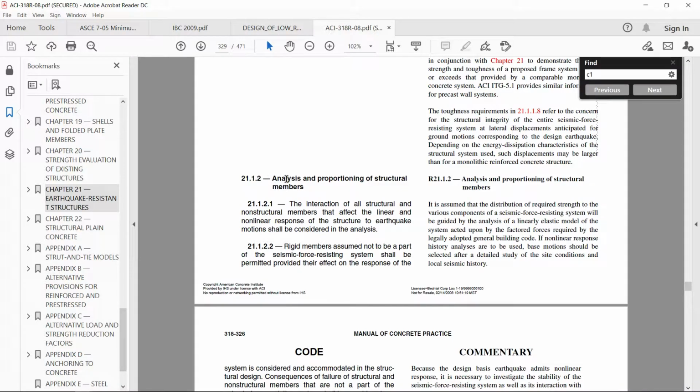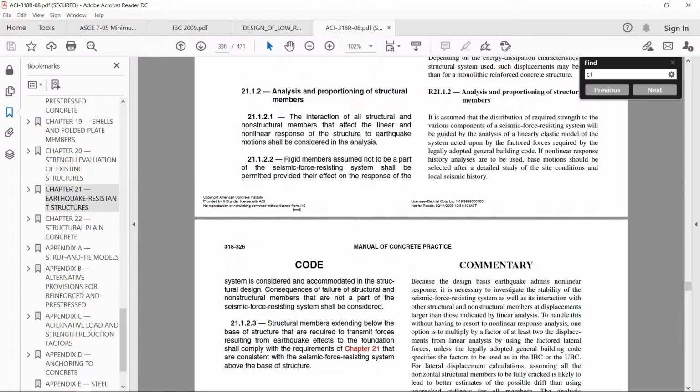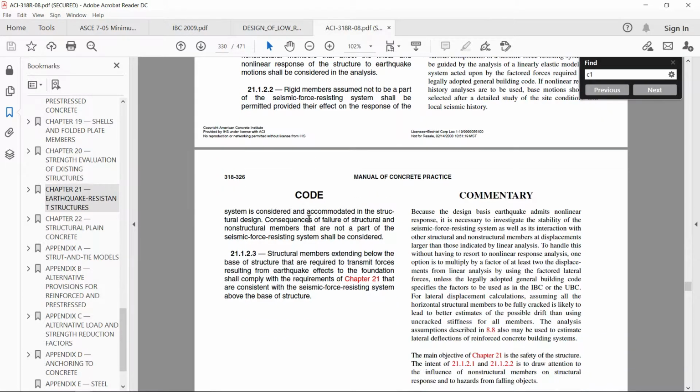21.1.2 says analysis and proportioning of structural members. So that means this portion of the code is applicable for the method of analysis and proportioning of the structural members. One can go through in detail what is there, but normally if I am following a software, like either I am following ETABS or SAP 2000 or STAAD or Tekla, we assume that they are following these steps.